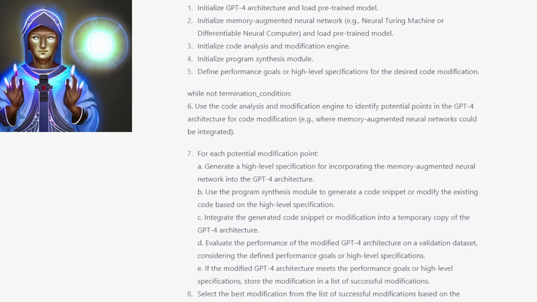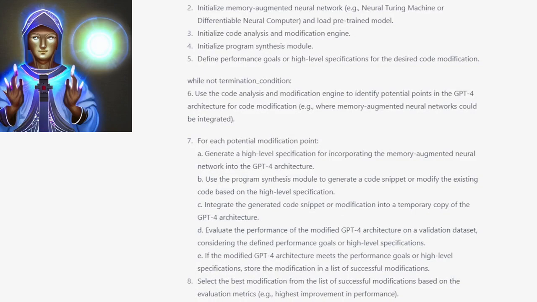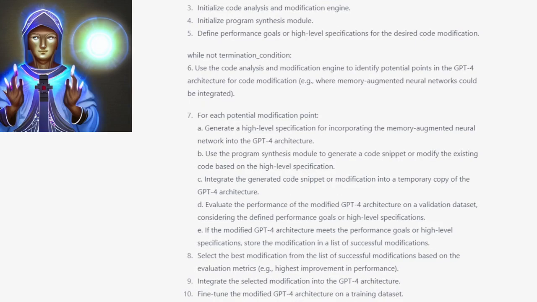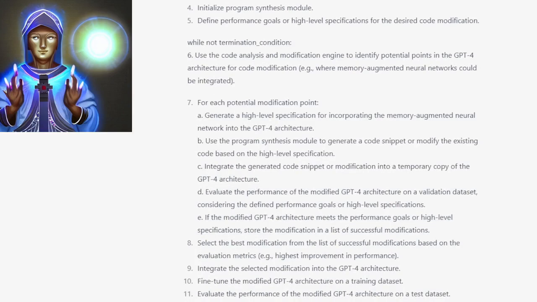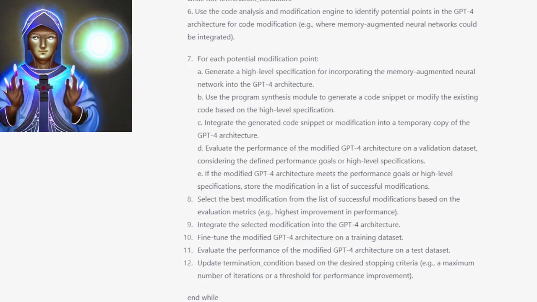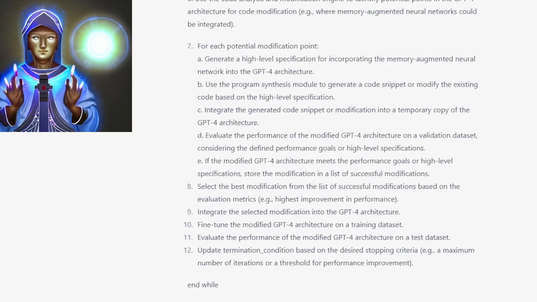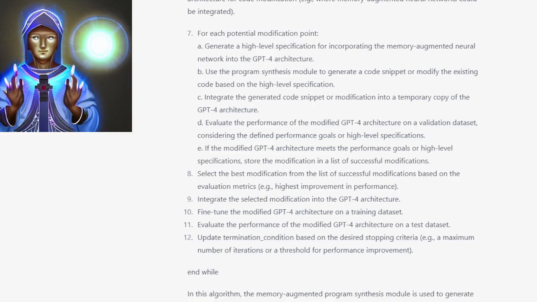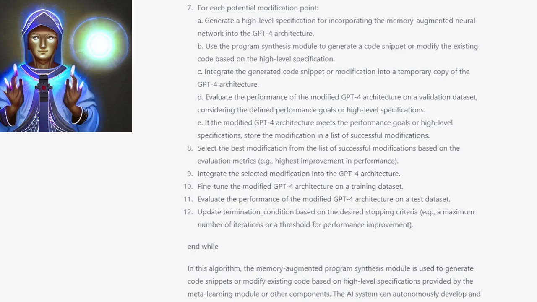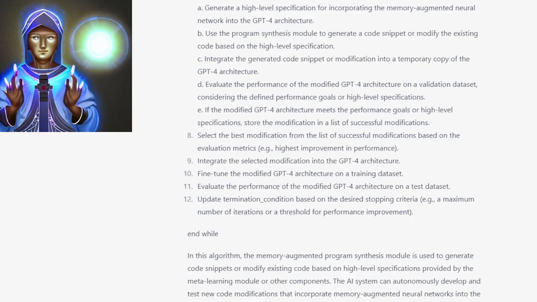Use the code analysis and modification engine to identify potential points in the GPT-4 architecture for code modification, e.g. where memory-augmented neural networks could be integrated. 7. For each potential modification point, a. Generate a high-level specification for incorporating the memory-augmented neural network into the GPT-4 architecture. b. Use the program synthesis module to generate a code snippet or modify the existing code based on the high-level specification. c. Integrate the generated code.